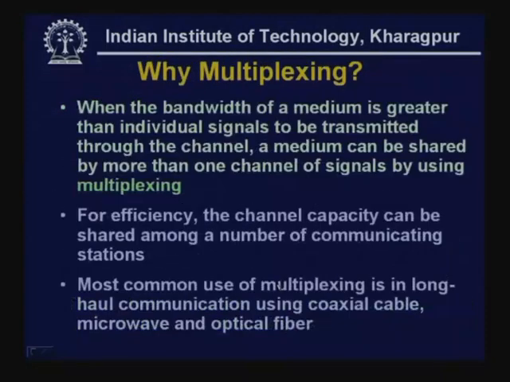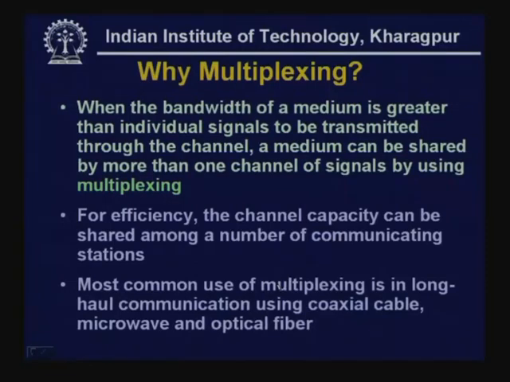So, that means, if we use a link of higher capacity, then we get it at a much lower cost. So, that is the observation. Based on this observation, it has been found that we can use a technique known as multiplexing.